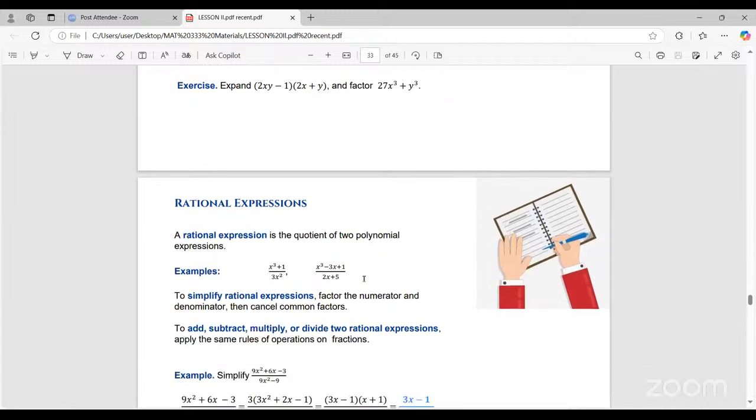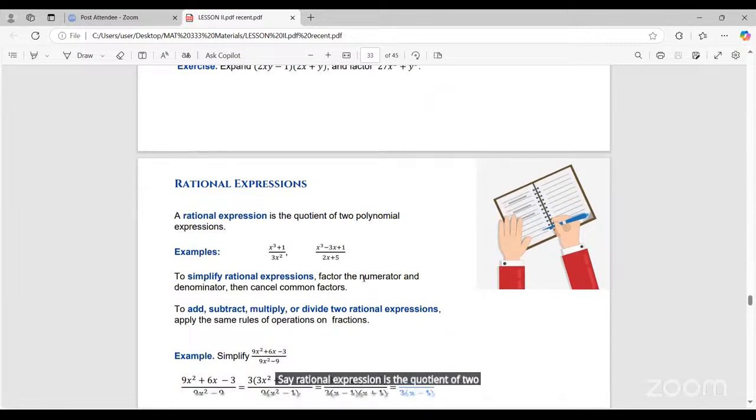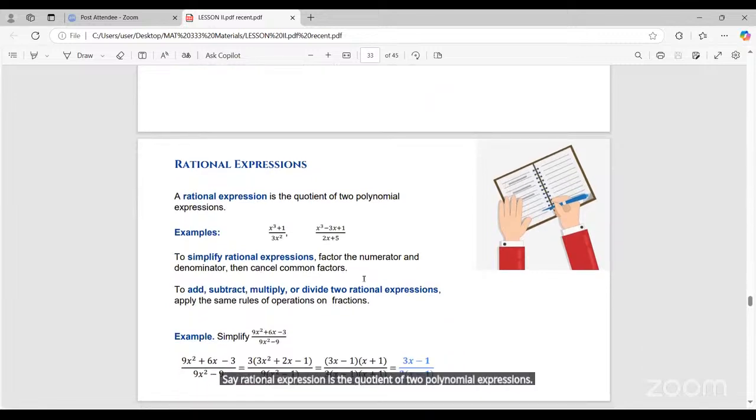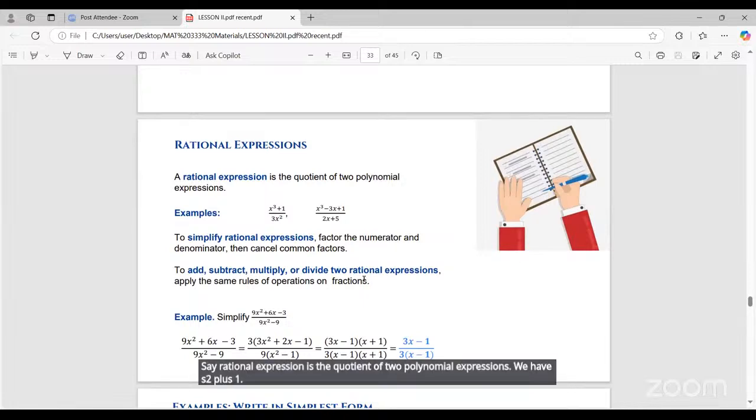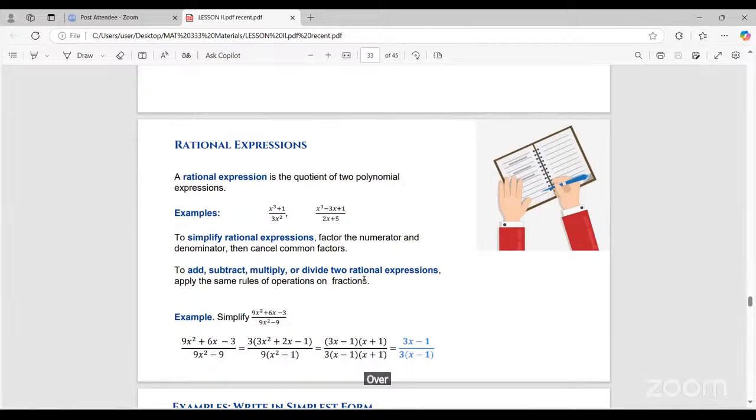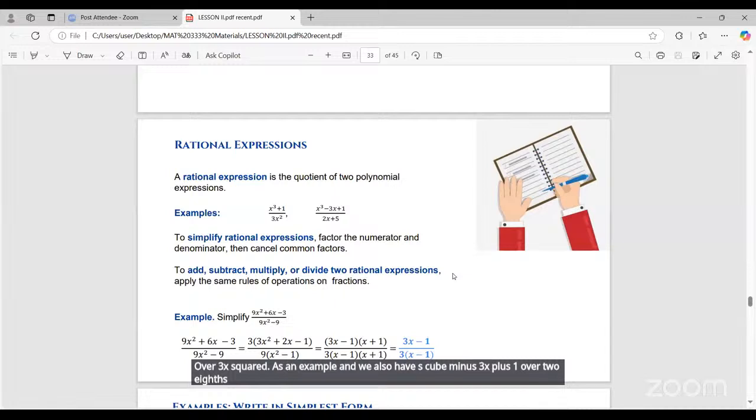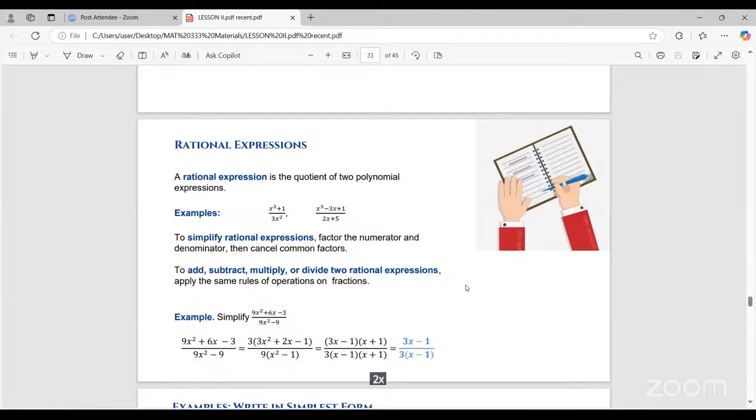Rational expressions. We say a rational expression is the quotient of two polynomial expressions. We have x cubed plus 1 over 3x squared. That's an example. And we also have x cubed minus 3x plus 1 over 2x plus 5.